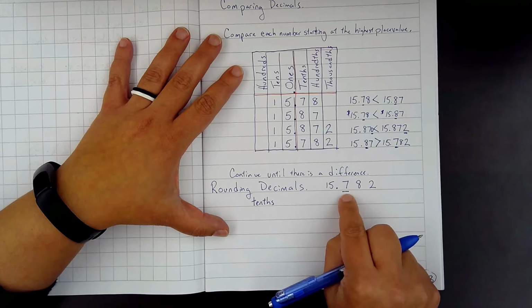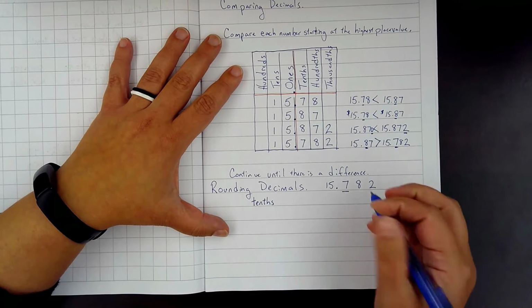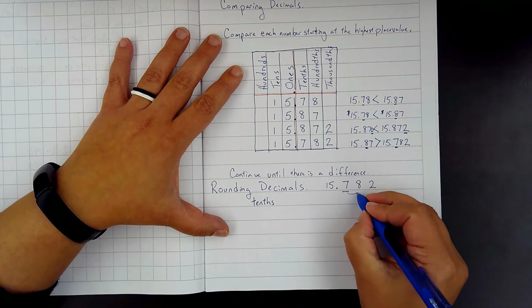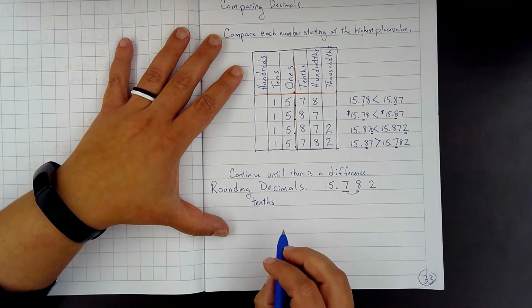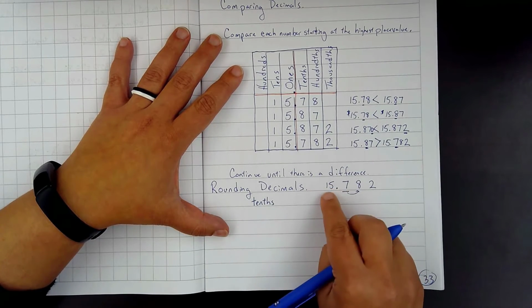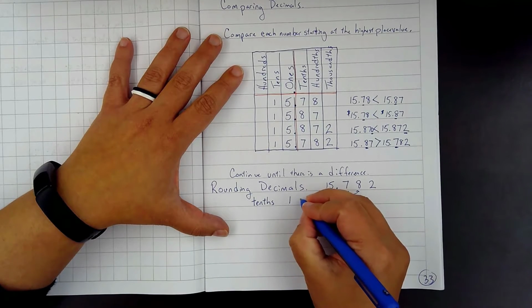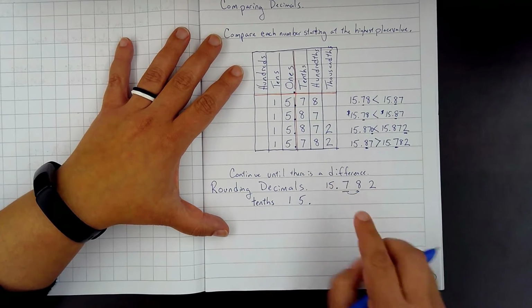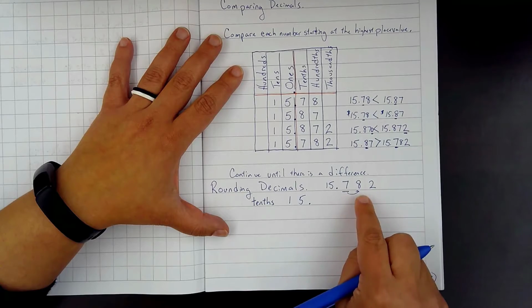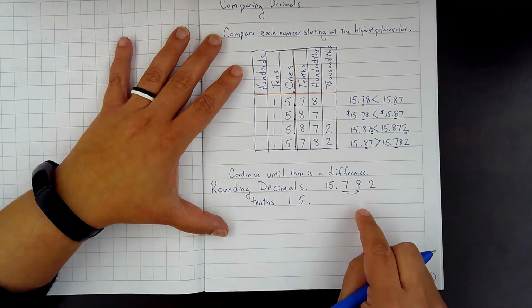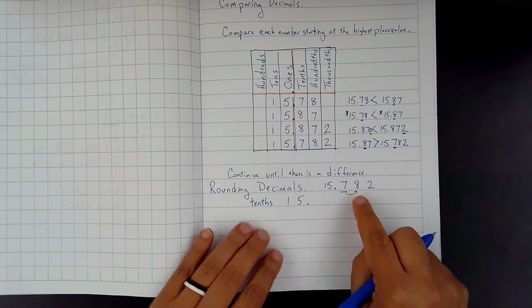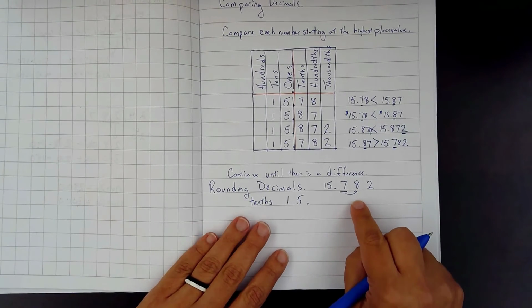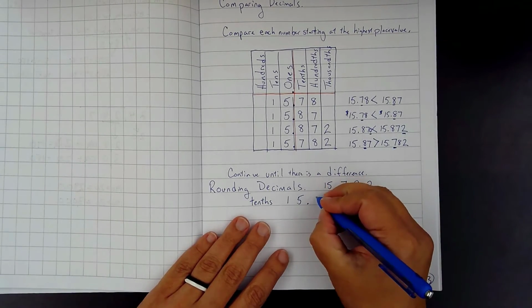So that is what I want to round to. That means that I need to look over to its neighbor to figure out what to round it to. So for the tenths, I would still keep my whole number, so it would have 15, but then my 7, so I would have to think 0 to 4, it would stay the same, but 5 to 9, it would go up, and since 8 is in between 5 and 9, the 7 becomes an 8.